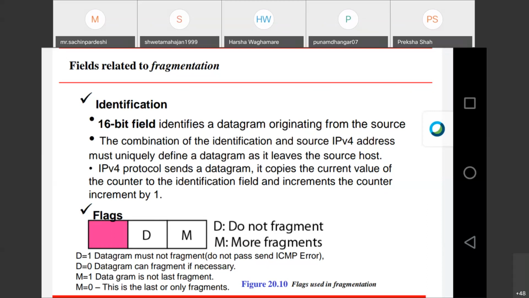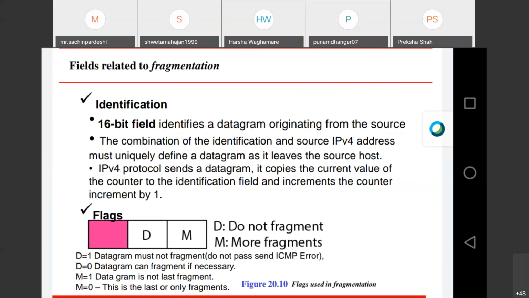When these three parts are received at the destination machine, it can easily identify them because all three parts have the same value, 4. It means all these parts belong to the same datagram whose identification value is 4. So by the combination of source IPv4 address and this identification value, the receiver can recollect all the fragmented parts.